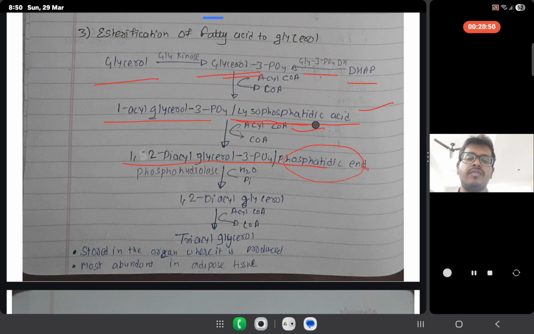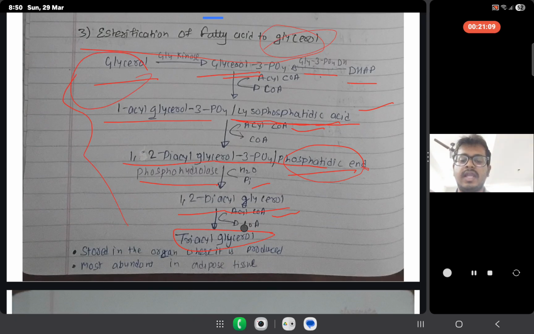Earlier it was lysophosphatidic acid, now it is phosphatidic acid. Now in presence of phosphohydrolase, it is converted to 1,2-diacylglycerol, and in presence of acyl coenzyme A, it goes to triacylglycerol. This is esterification of fatty acid to glycerol.